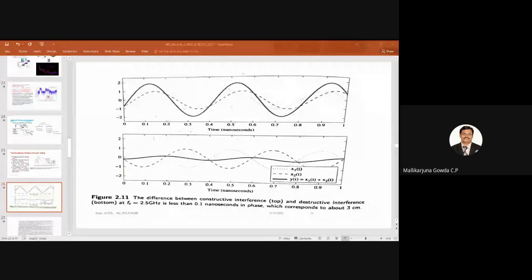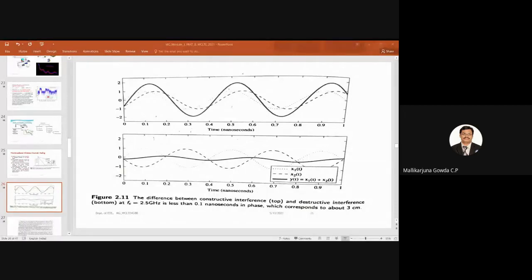And here two diagrams I have shown. The first one is the constructive, it is due to the constructive interference. You are able to see the two signals. One is x1 of t, the other one is x2 of t, right? And here you are able to see the phase difference.